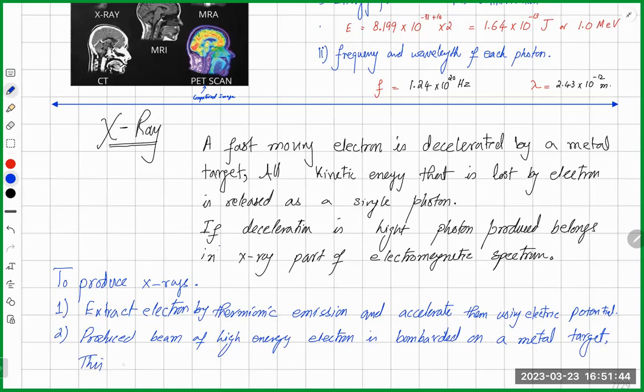This decelerates the electrons and X-ray photons are produced depending on the metal.